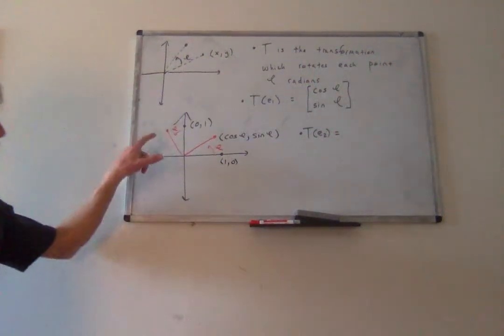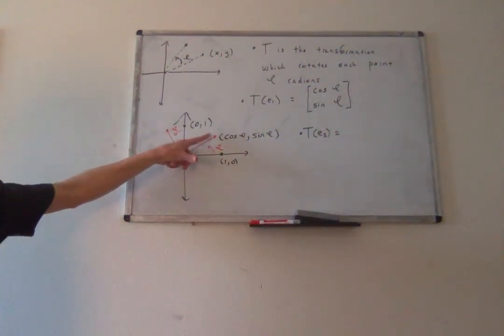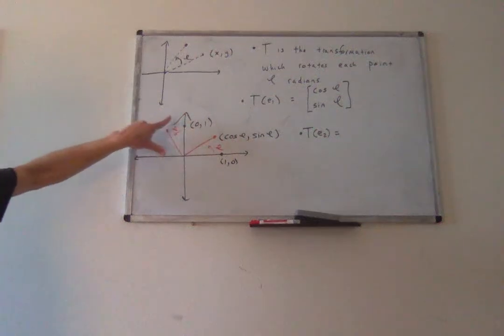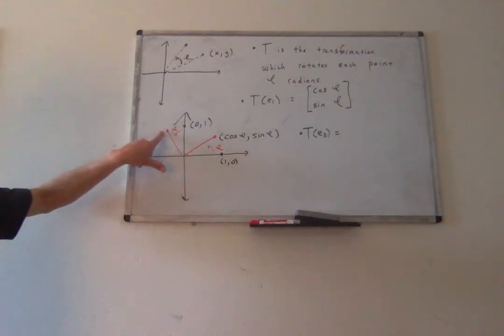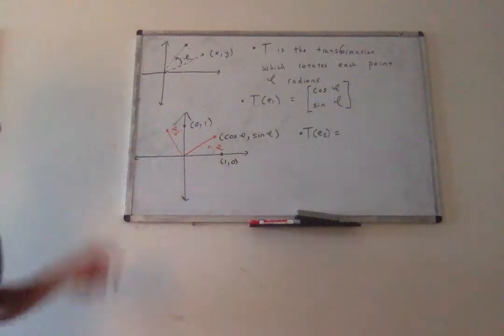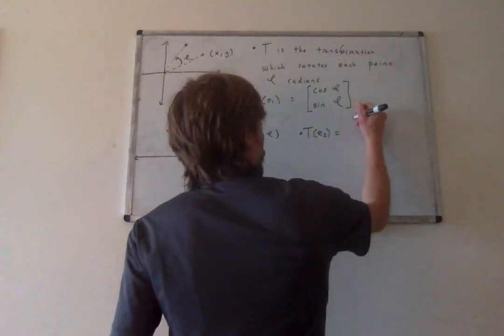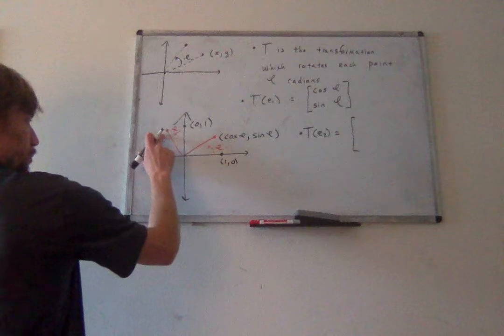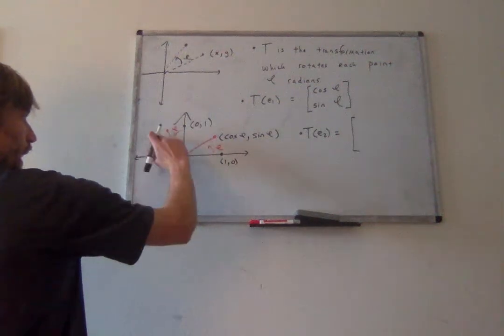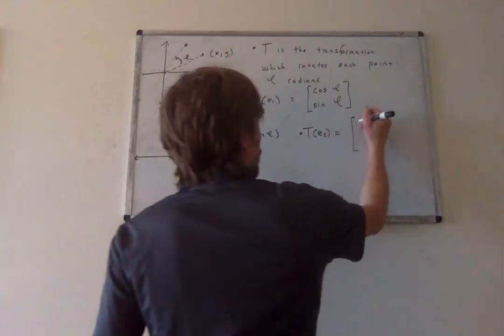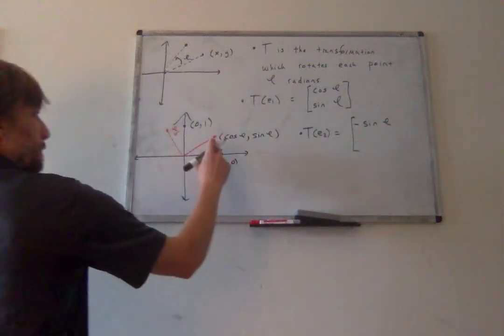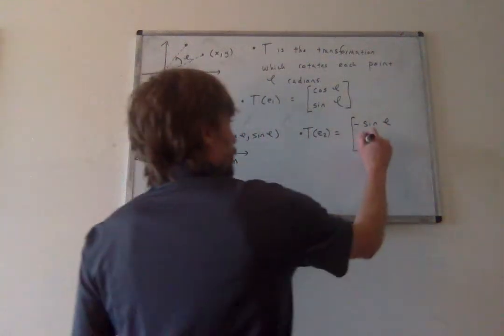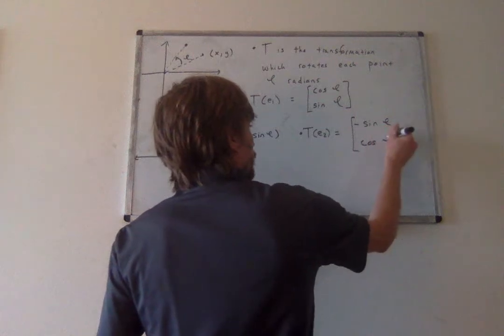Notice this point is just 90 degrees rotated from this point. So if I start here and add 90 degrees, I get to here. And so remembering our trig, that means the x-coordinate of this point is going to be negative sine of phi, and the y-coordinate is going to be cosine of phi.